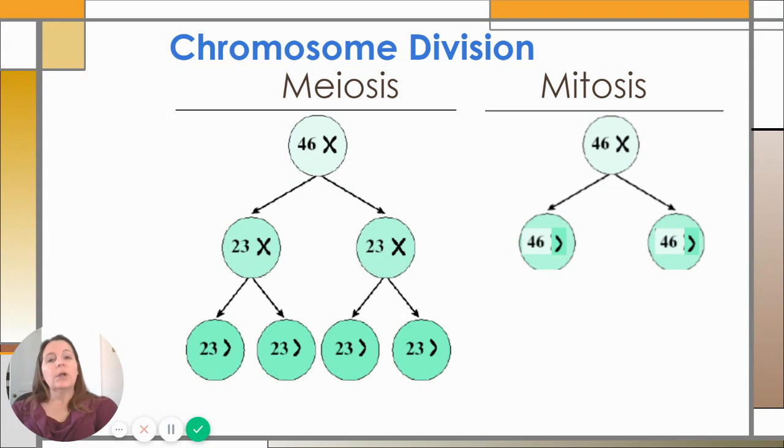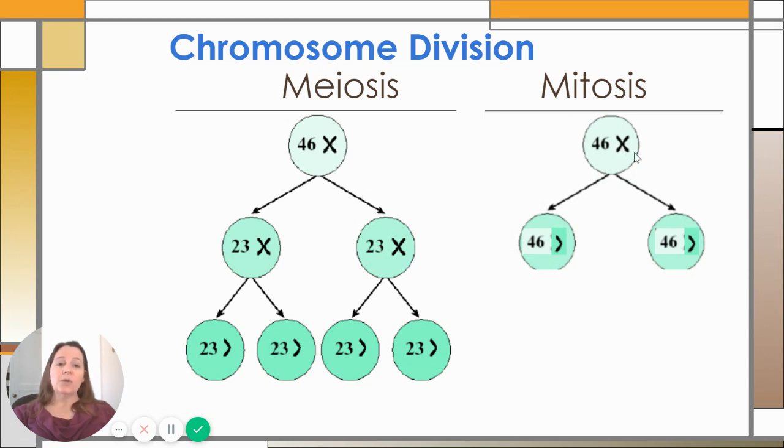So your objective is to draw a simple diagram that shows what's going on with the chromosomes. So here is a really good example of that diagram. You'll see we have meiosis over here on the left, and we start out with what is called a germ cell, and it has 46 X-shaped chromosomes.